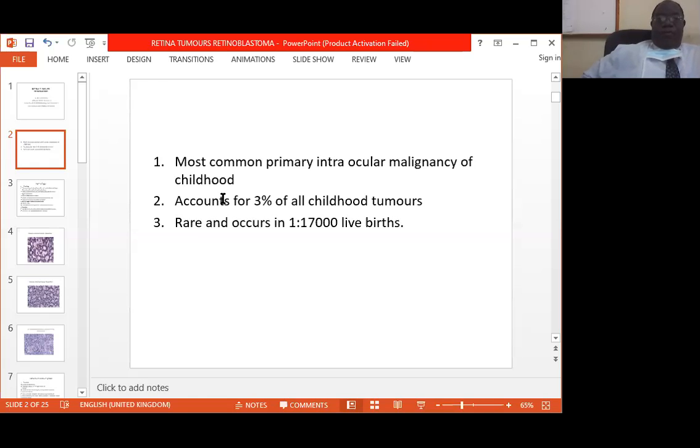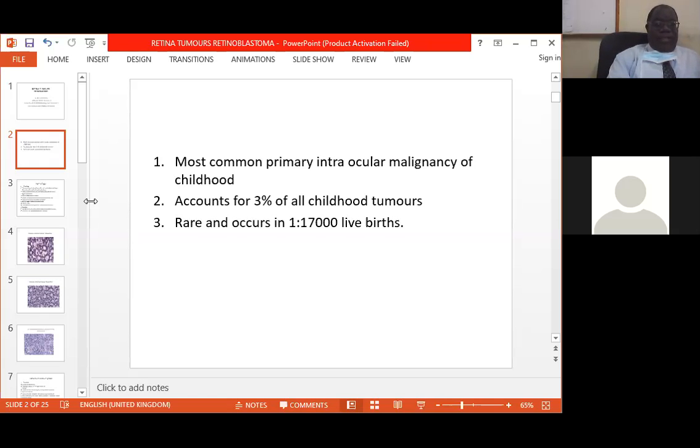It accounts for 3% of all childhood tumors. It's a rare tumor and occurs in 1 in 1,700 live births. It's a rare tumor, but you see it even here in Zambia, in other countries I've seen it too.